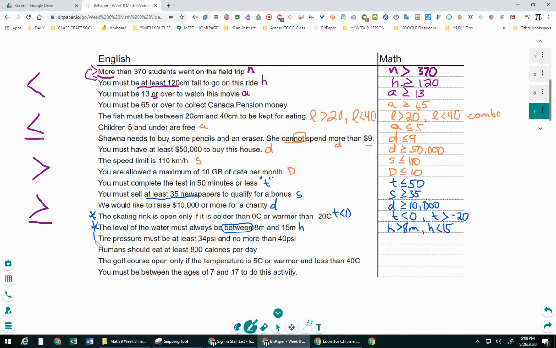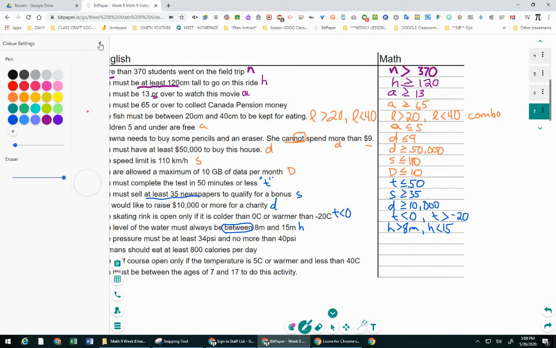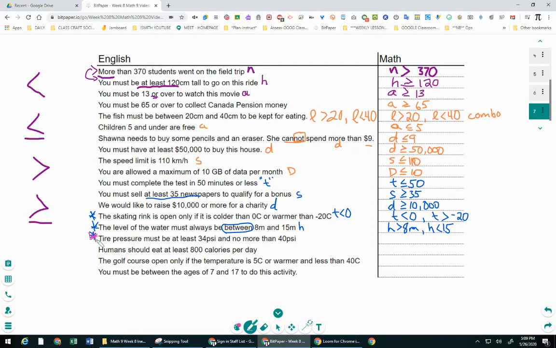So another combo question. Okay, actually, I'll switch this to bright pink. We'll just use P for pressure. The pressure must be at least 34, so it can be greater than or equal to 34.